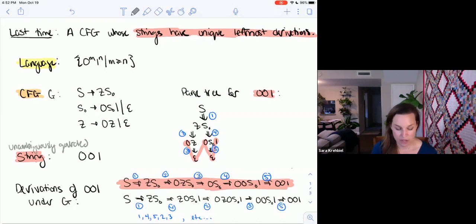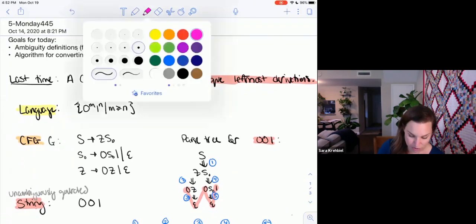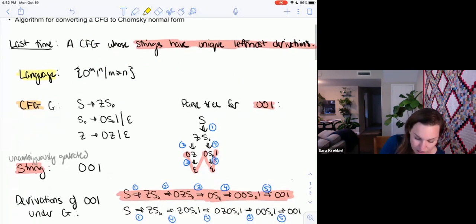And today, thinking about ambiguity is all about thinking about the nouns that are involved. So we're going to think about strings, we're going to think about grammars, and we're going to think about languages. And the ambiguity or not of a string is always with respect to some grammar.